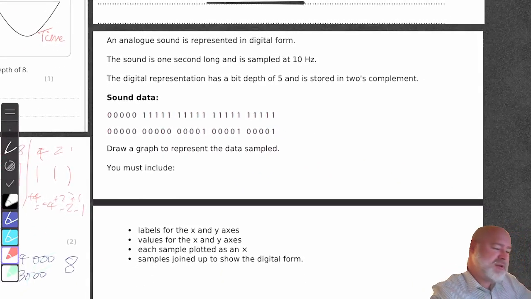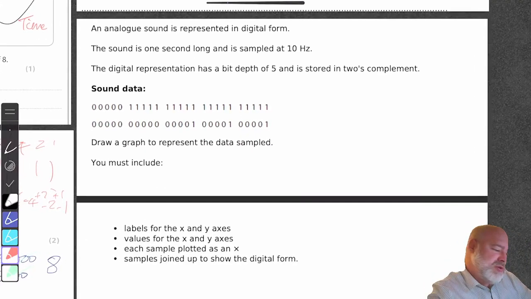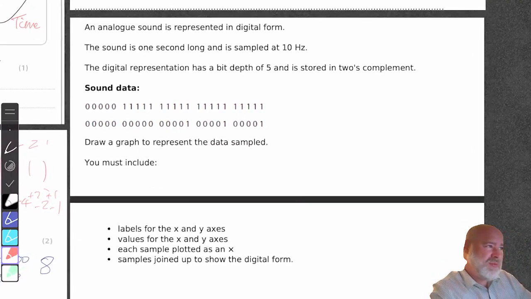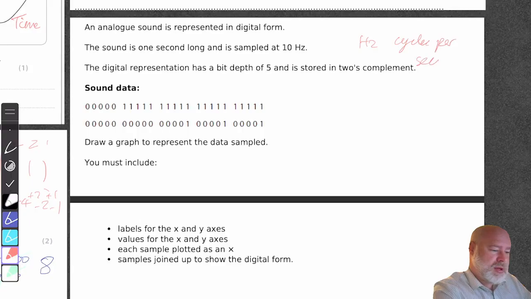An analog sound is represented in digital form. The sound is 1 second long and is sampled at 10 hertz. That's important because we know that hertz is cycles per second, right? So there are 10 cycles per second: 1, 2, 3, 4, 5, 6, 7, 8, 9.